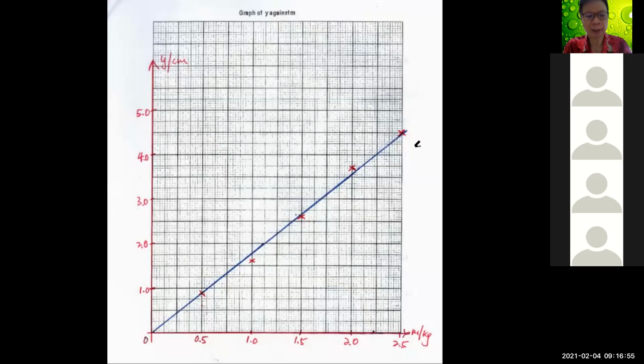Okay, Wong Hui Ni, good. Well done. Andrew. Finally, Andrew. Okay, good. Andrew, good graph. Okay, well done. Thank you, sir. Okay, welcome.